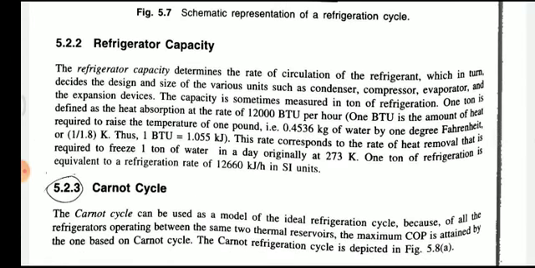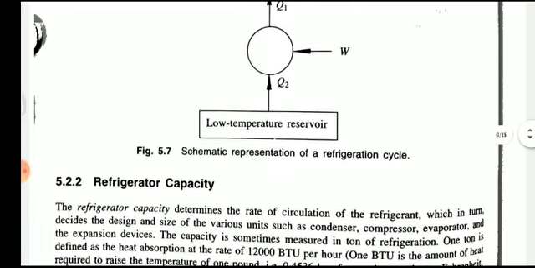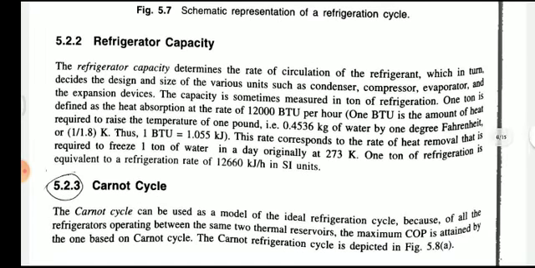Now the next one is the refrigeration cycles, all these types of refrigeration cycles. So let's see refrigerator capacity. Refrigerator capacity determines the rate of circulation of the refrigerant, which in turn decides the design and the size of the various units such as the condenser, compressor, evaporator and the expansion devices.